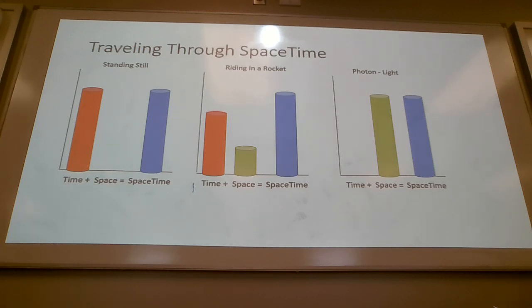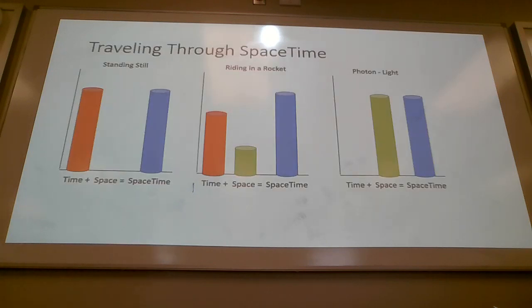Now, what they are trying to propose, let's see if there's anything else. I think we have time for this. What we're trying to propose is this. Light cannot travel faster than the speed of light through space. But what happens if we warp space?